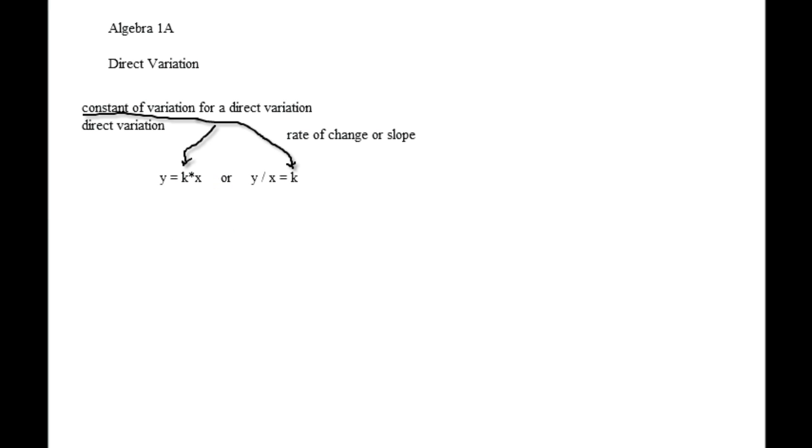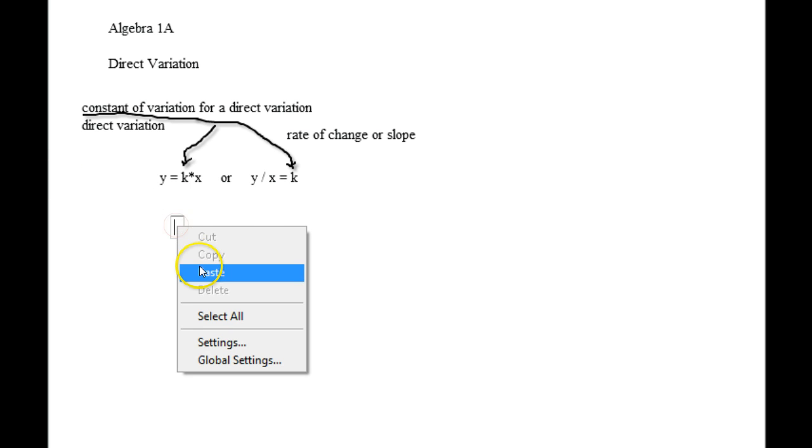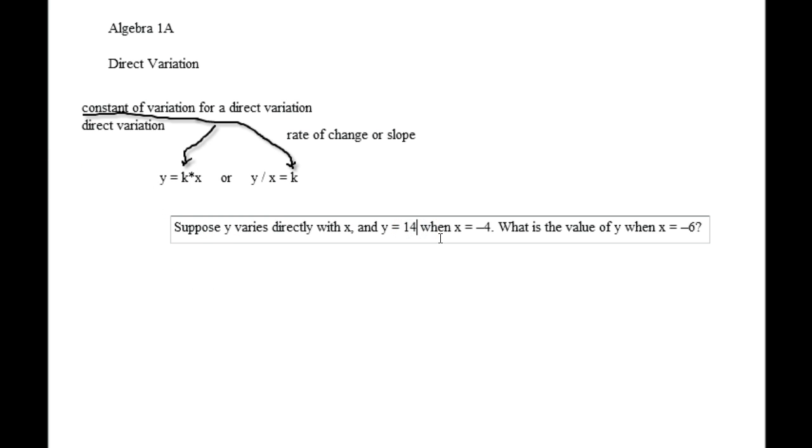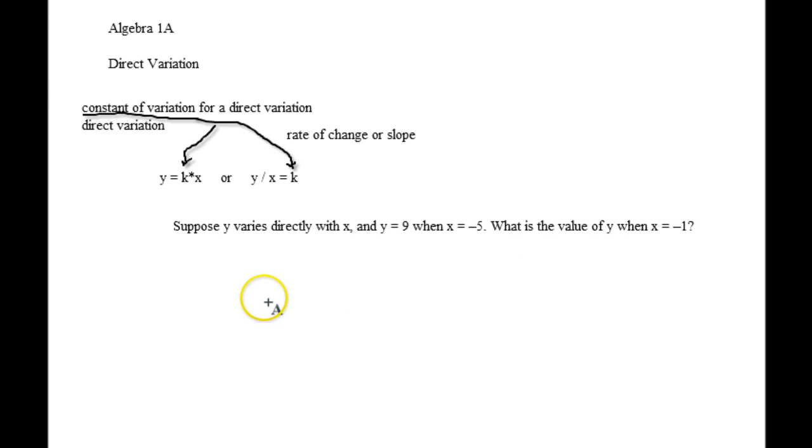So let's say I actually had a problem. Suppose direct variation is: x goes up, y goes up, or vice versa; as x goes down, y goes down, or as y goes down, x goes down.